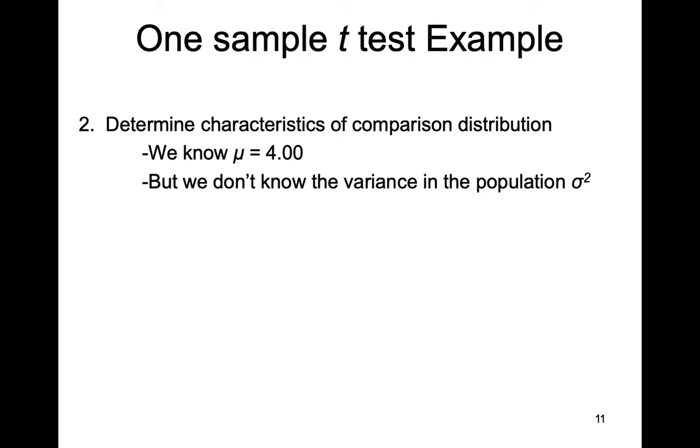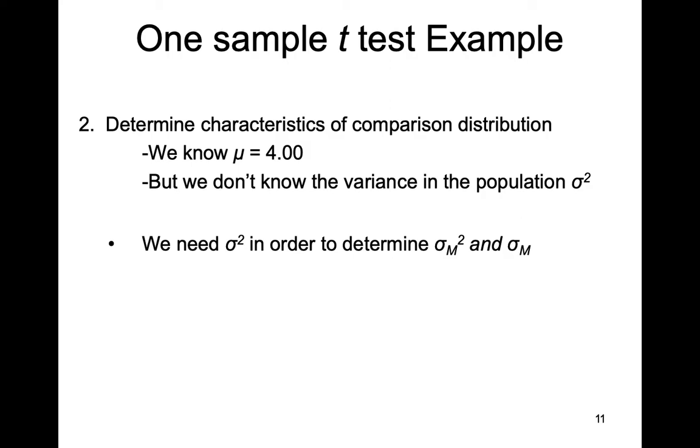But we don't know what the variance in this population would be. Okay, so that's a little bit of a problem. And we know that this is a problem because we need to get the population variance, sigma squared, in order to determine the variance of the distribution of means, which will give us the standard deviation of the distribution of means, otherwise known as the standard error of the mean, right?